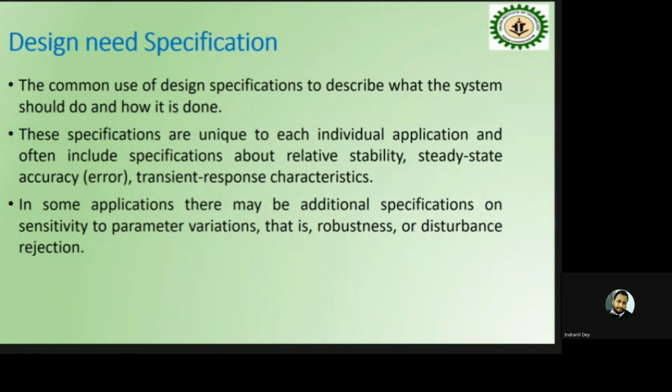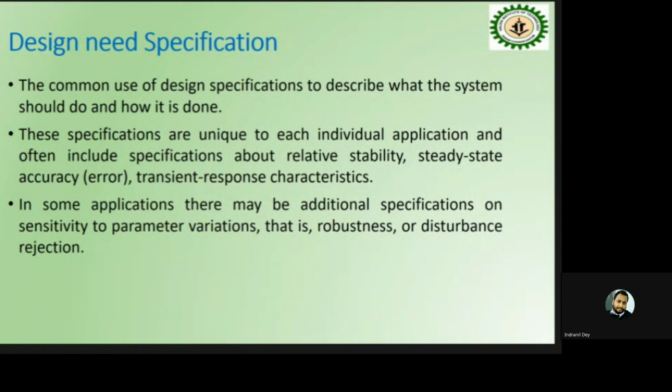How that variable's dynamics change can be decided by the controller specification. So when we are designing a controller, it is supposed to deal with the dynamics of the process output which is supposed to be controlled.